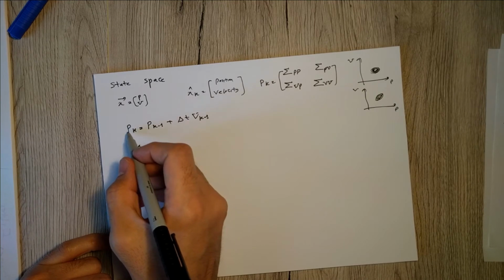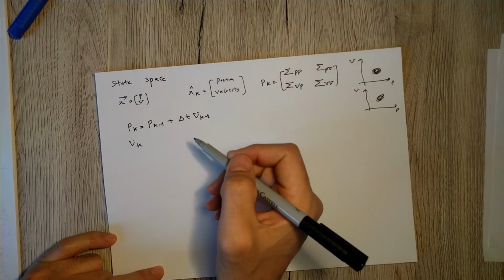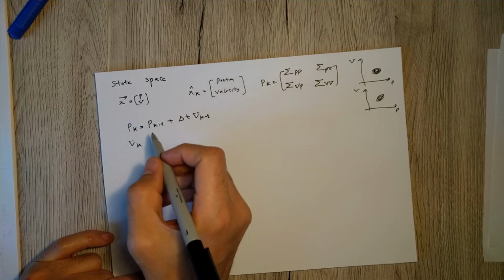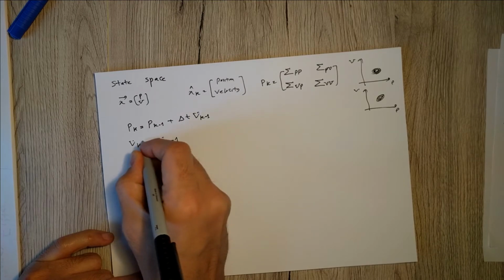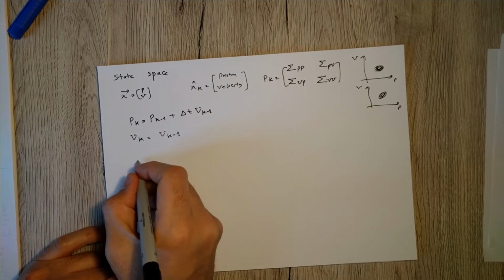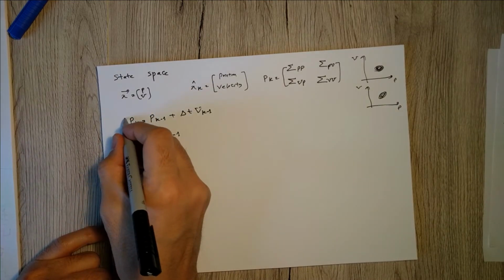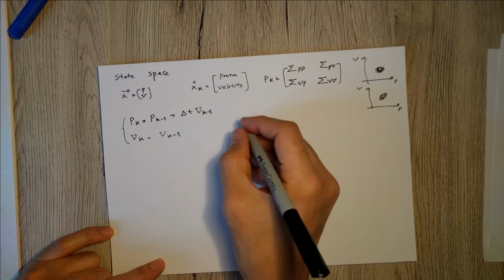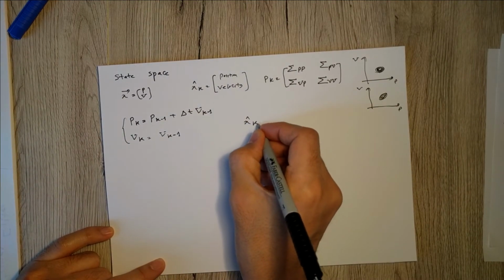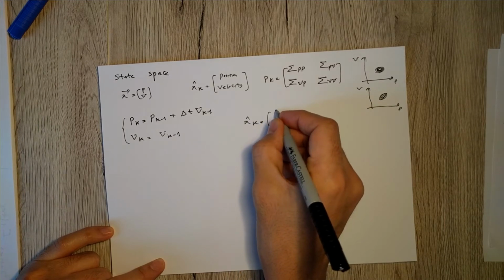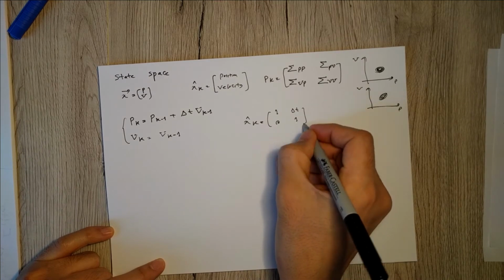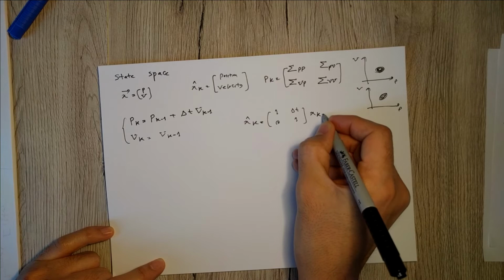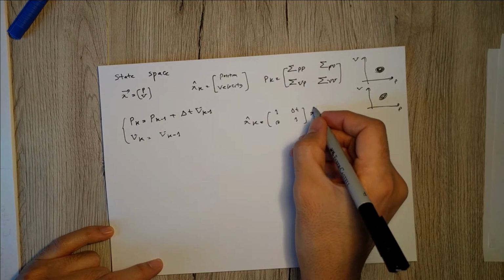Actually, this P is the position here, sorry for the bad notation, and the velocity is going to be the same constant. I can write this in the form of a matrix, so I will have xk.